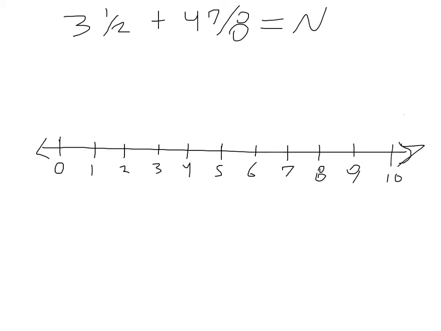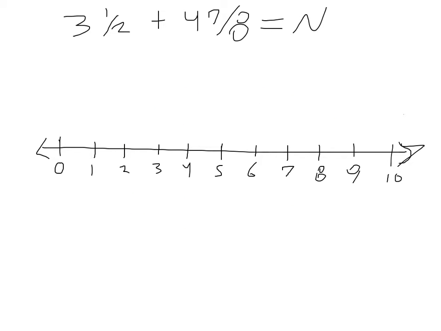And remember, we include the arrows on the end because 0 through 10 isn't the only set of numbers on the number line. There are numbers to the left of 0 that are negative, and there are numbers greater than 10. We are just focusing on this range right here because our answer, our sum to 3 1/2 plus 4 7/8 is going to be somewhere in this section of the number line.